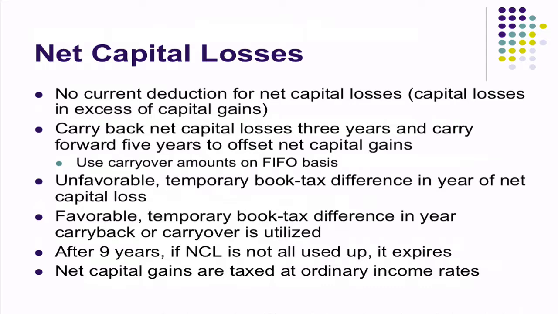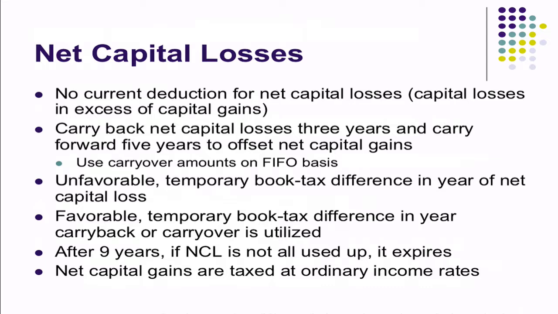No, you can't take a current deduction for it, but you've got to carry it back and carry it forward to help you reduce whatever your capital gains were in those years. And typically what happens is you use a FIFO method to apply those. And again, this is an unfavorable book tax difference in the year of the loss. Why? Because the loss is deducted for your GAAP financials. It's not deducted on taxes.